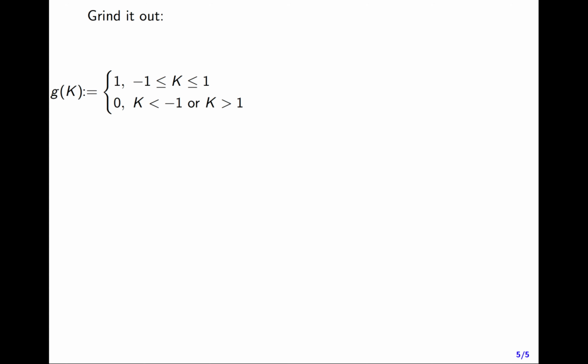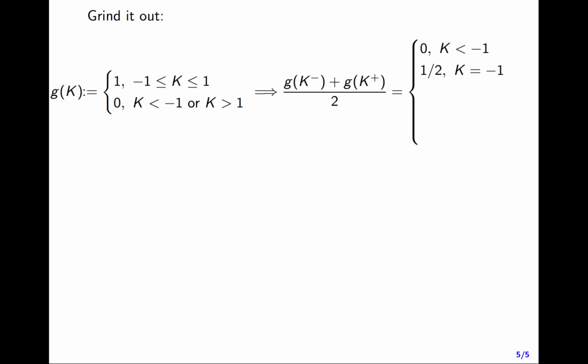If I have g of k equals 1 for k between minus 1 and 1, and 0 for k less than minus 1 or k greater than 1, what does that tell me? The average of the left and right hand limits of g at a point k, over 2: well, if k is less than minus 1, then those left and right hand limits are both 0. And if k equals minus 1, then the left limit is 0 and the right limit is 1, so that's 1/2.